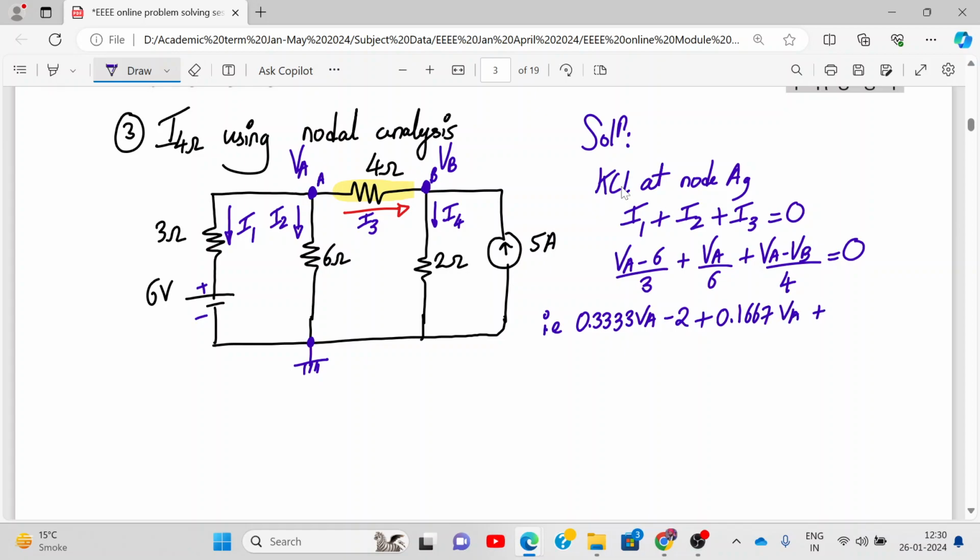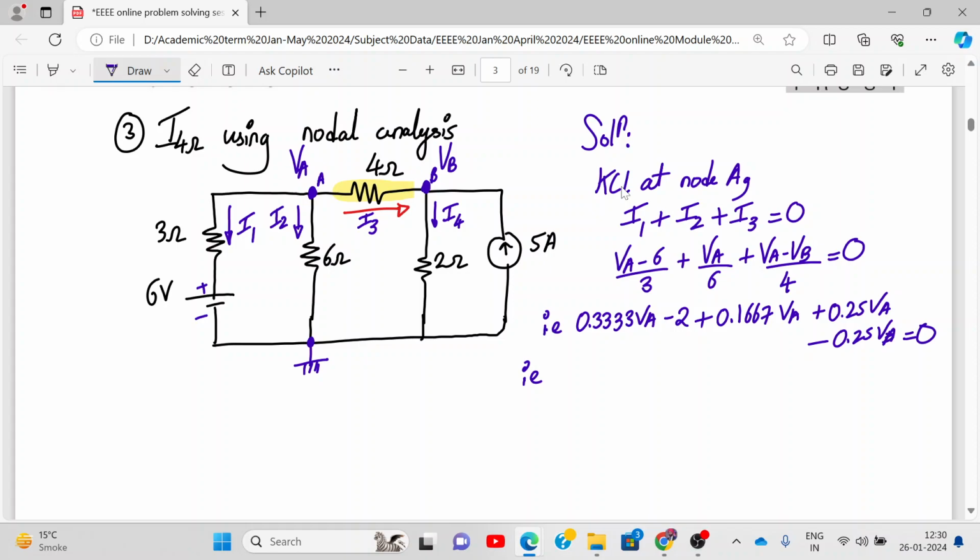Then 1 by 4 will be 0.25, right? Is it correct? Yeah. So now we add them together. So please add 0.333 plus 0.1667 plus 0.25, and this is VB.